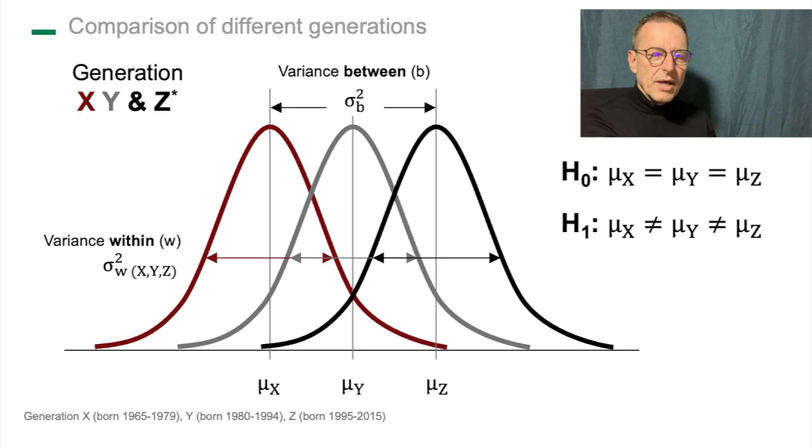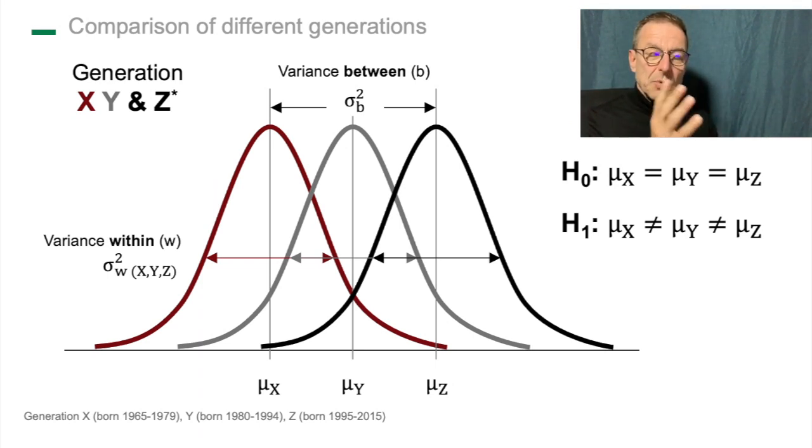Yeah? So the null hypothesis says there is no difference in the real average between those different groups. And the alternative hypothesis says, well, there is a difference. There is a true difference in the mu. When you estimate the mu for every group, there is a difference.